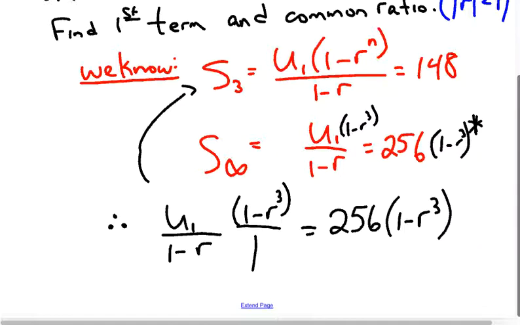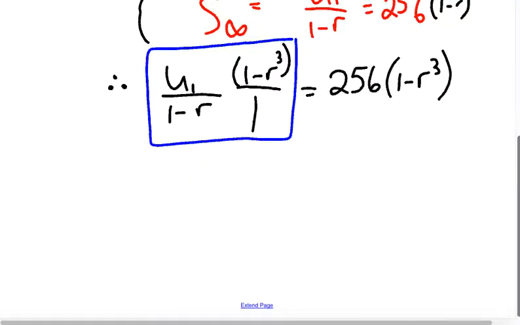This is equal to this right here. Now we know that all this piece right here is 148, because that was really what we had from the beginning.